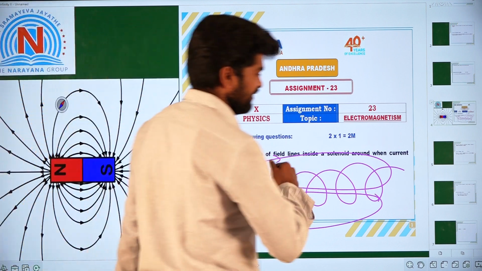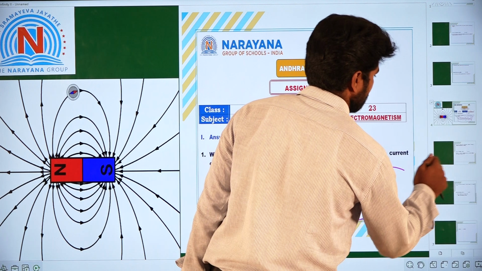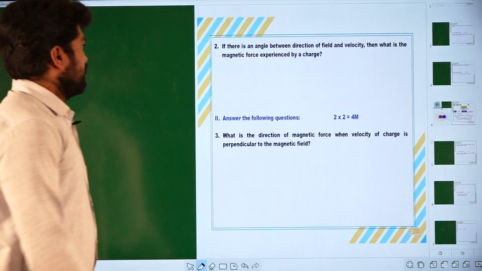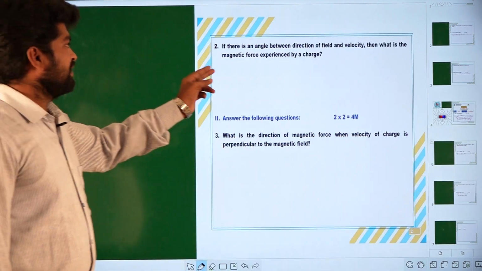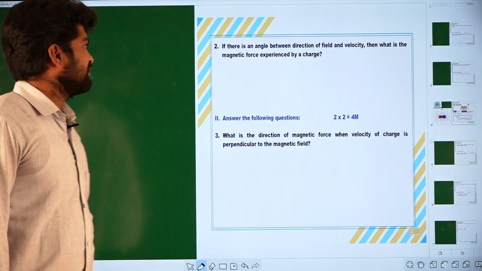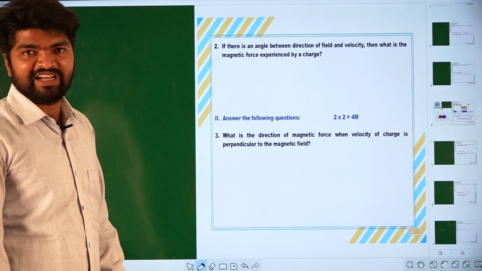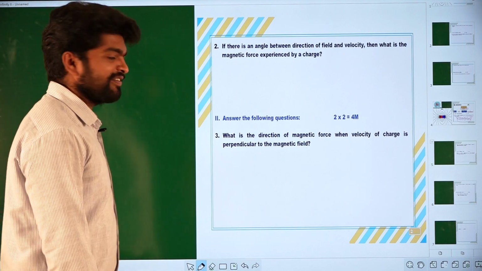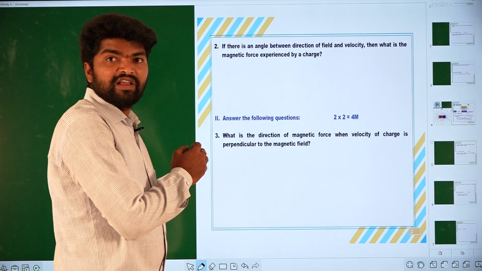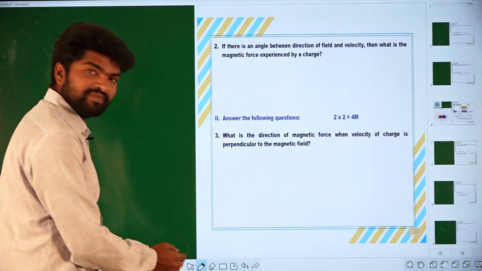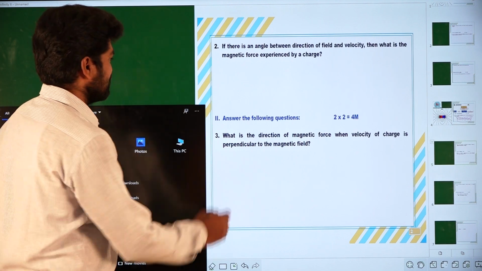Then coming to the second one, what is the second question? If there is an angle between the direction of field and velocity, then what is the magnetic force experienced by a charge? We have a formula. Actually, in vector form we can write this as F bar is equal to Q of V bar cross B bar.